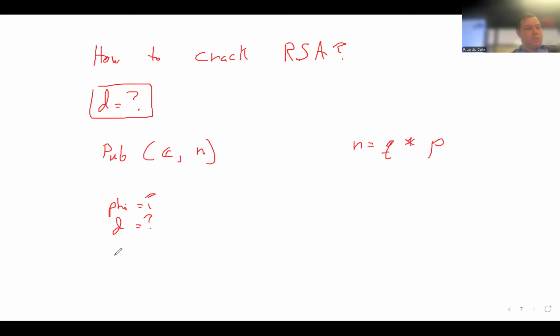One of the assumptions is we know N. We know also that P and Q are prime numbers. And if the attacker has P and Q, he can figure out what P minus 1 is and Q minus 1 is, so he can solve for phi. So what we need is this thing called factors, right?